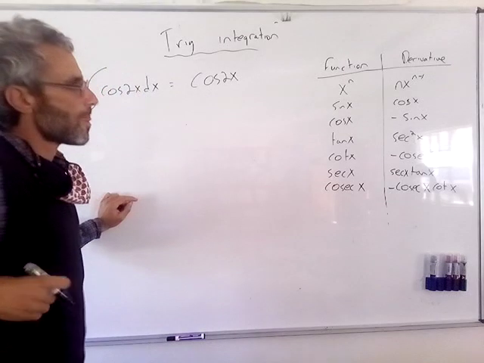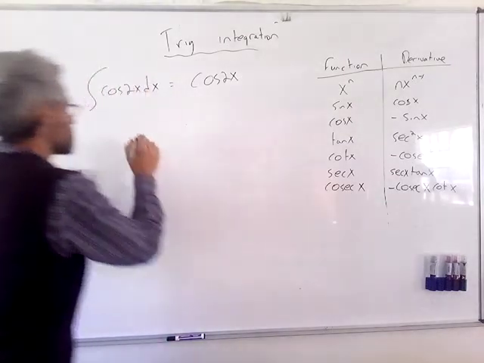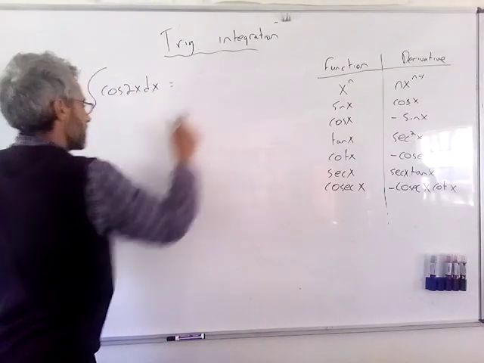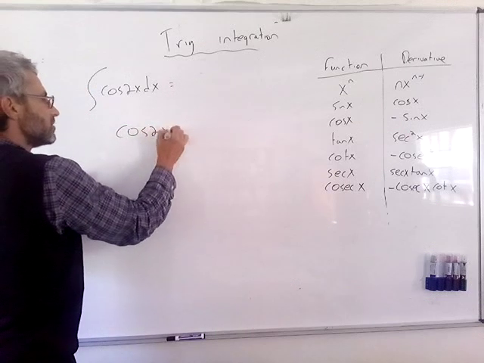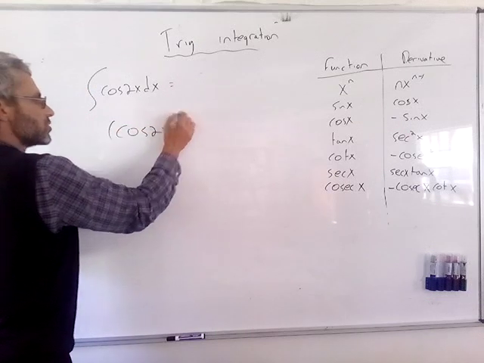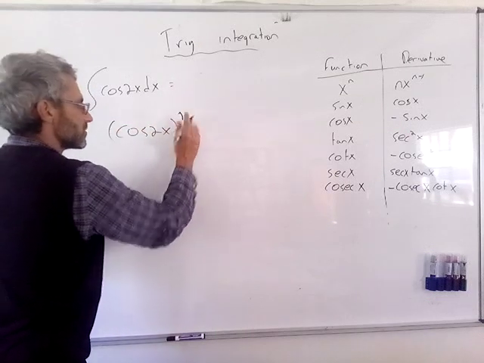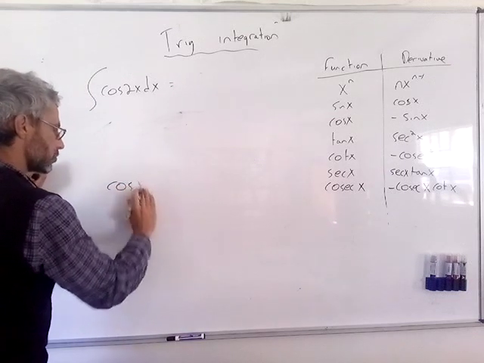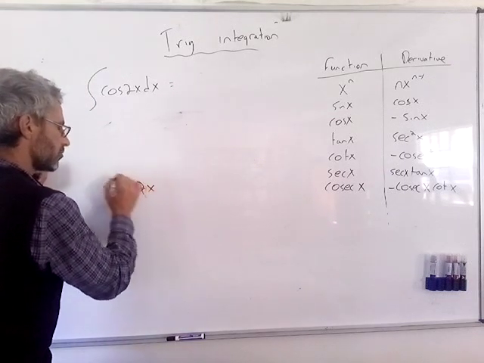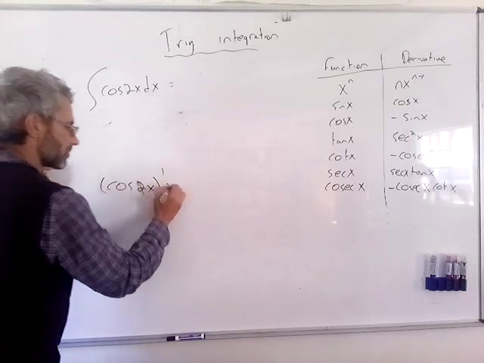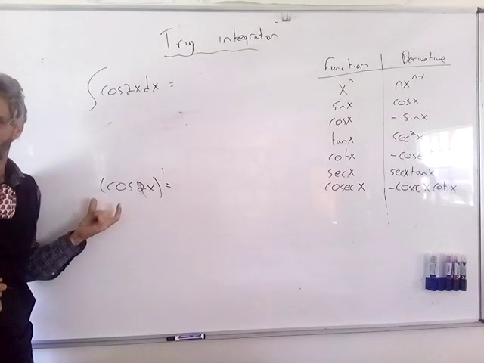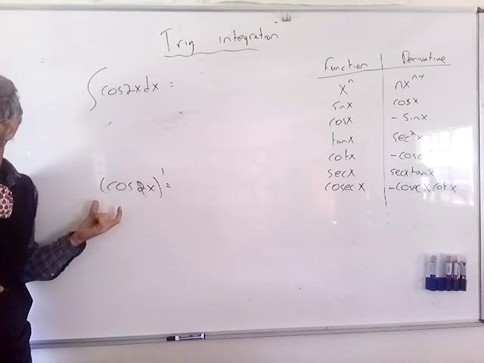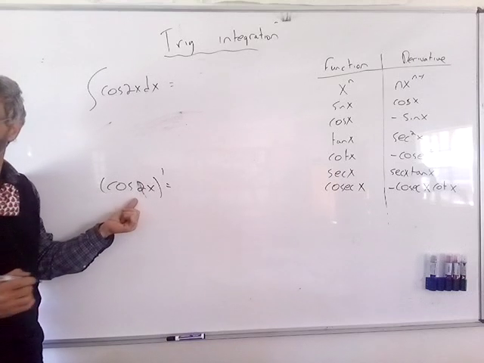Maybe I should remind you first. Let's forget about that for a second. What will be the derivative of cosine 2x? Remember, we use the chain rule.